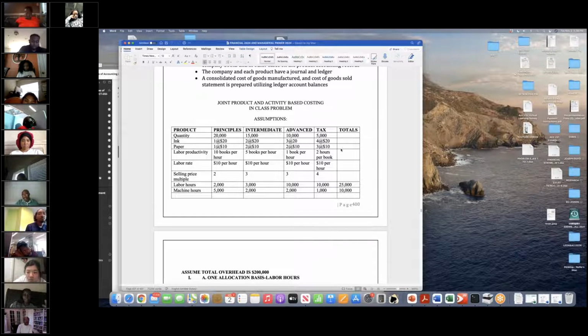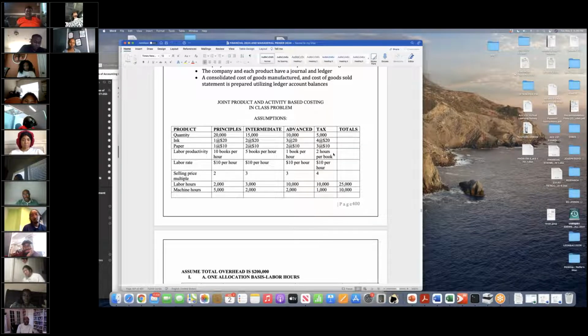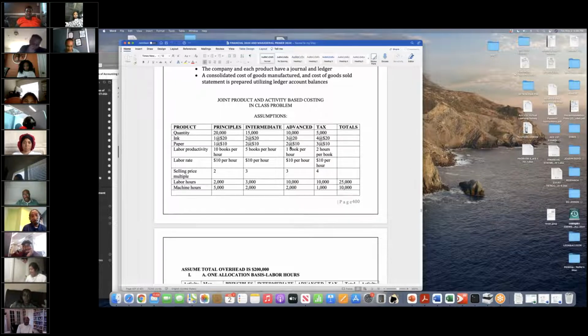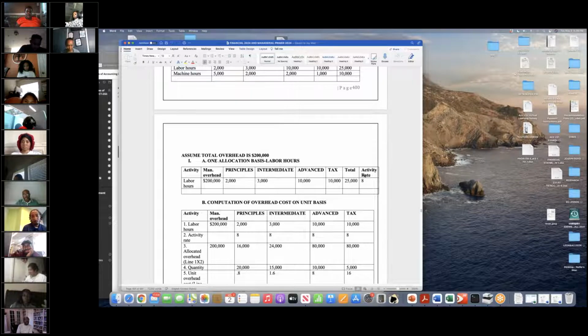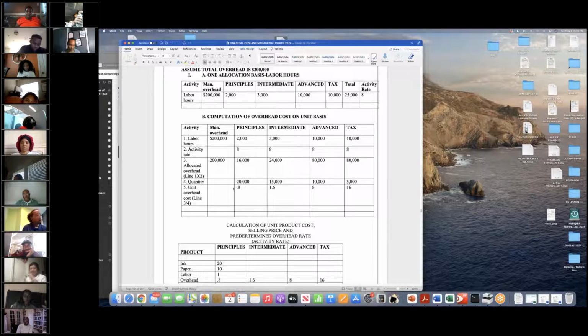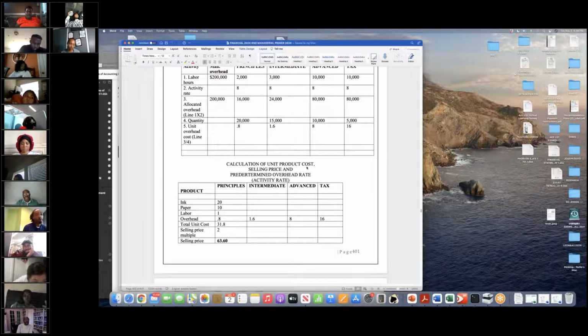We'll look at this problem somewhat, but for examination purposes, what you're going to be required to do is, given that you have 1, 2, 3, or 4 books, come up with an activity rate, the unit overhead cost for each book, and then complete this table where we calculate the unit cost, selling price, and predetermined overhead rate, which is given for each book.